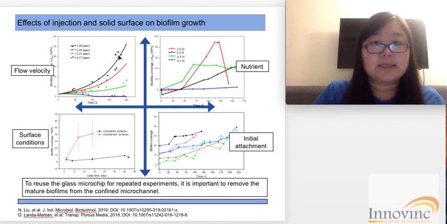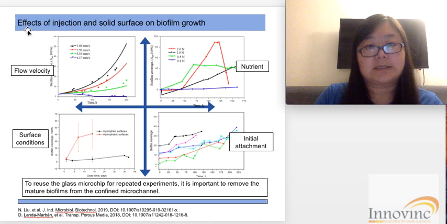In our studies, we investigate the influence of injection and surface conditions on biofilm growth and detachment. For example, we study how flow velocity and nutrient concentration influence biofilm growth.